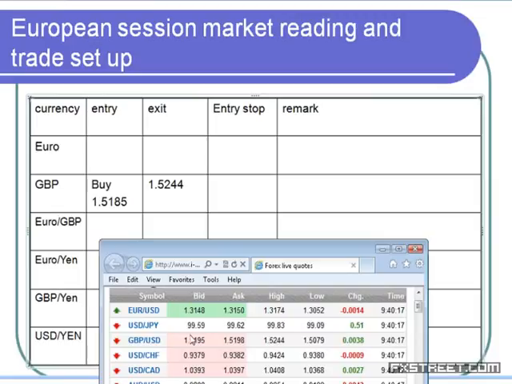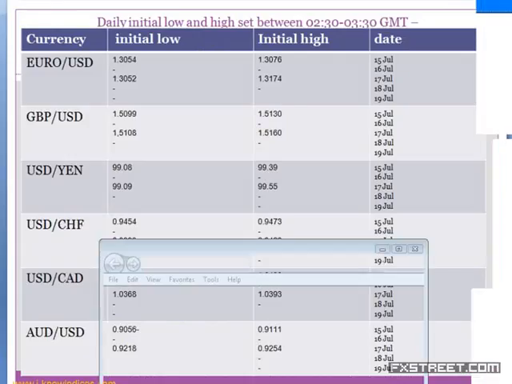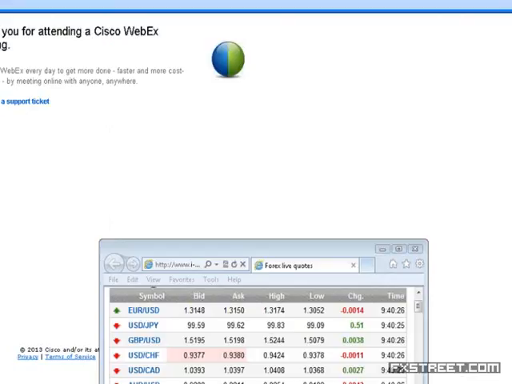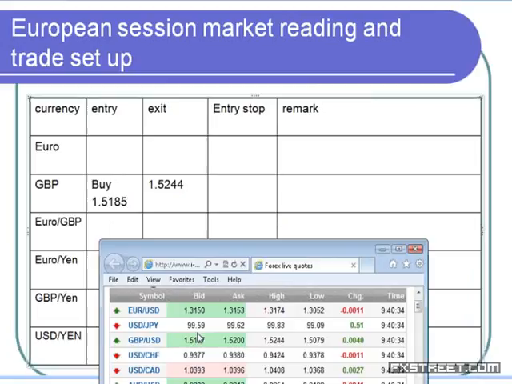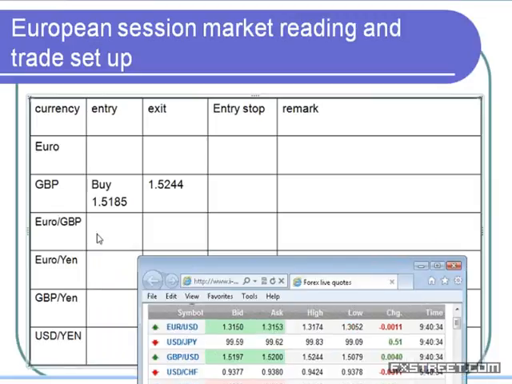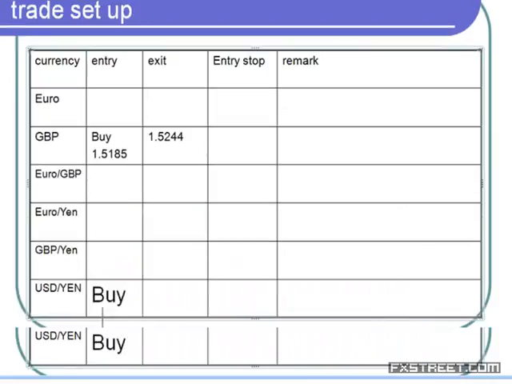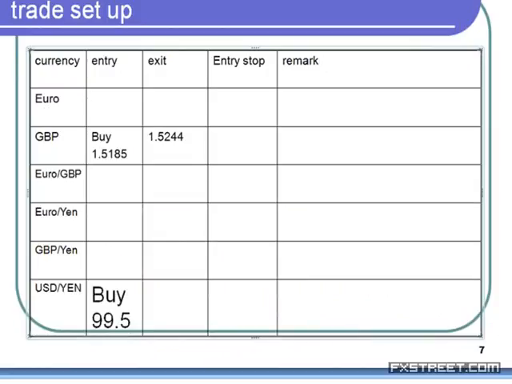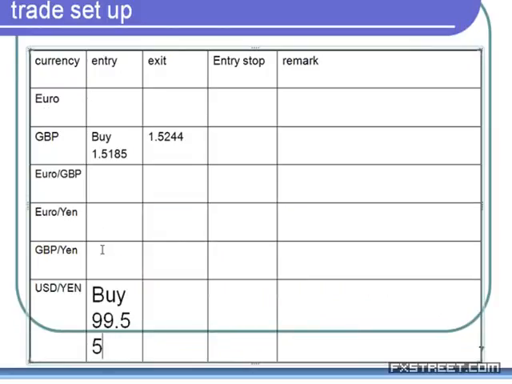And also in the case of USD yen, I explained to you the initial high was 99.55. Currently the market is around 99.59, exactly above the initial high, just 4 pips above.